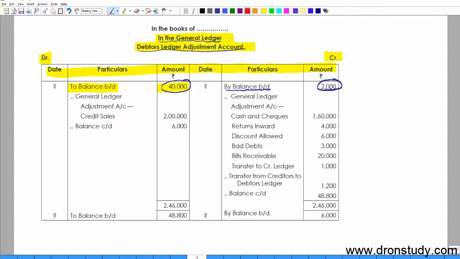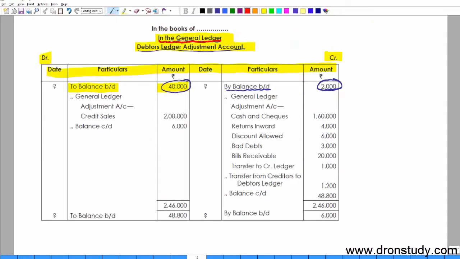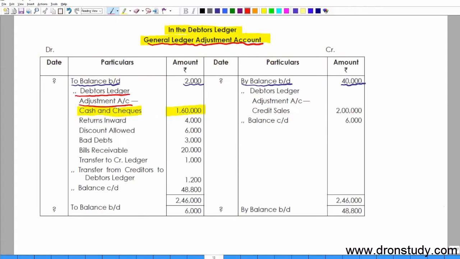Here we have general ledger, and as per this we have to credit, saying by general ledger adjustment account on account of cash and cheques 1,60,000. So we have given debit and credit aspects. Here the credit is given and here we have cash and cheques debit. So balancing has been done.